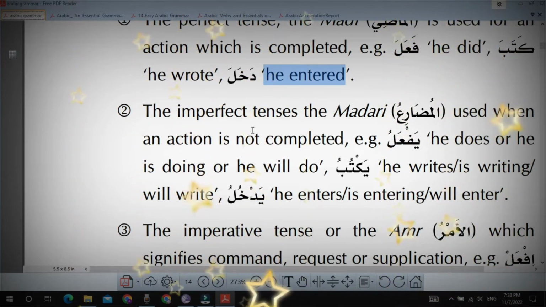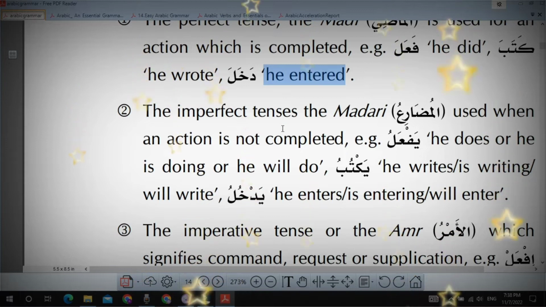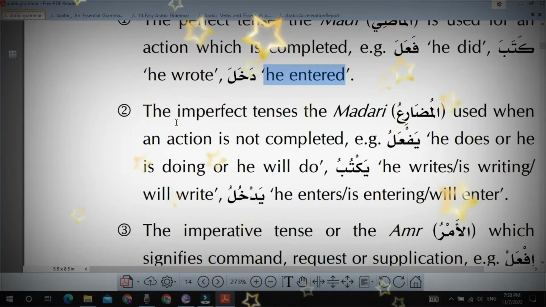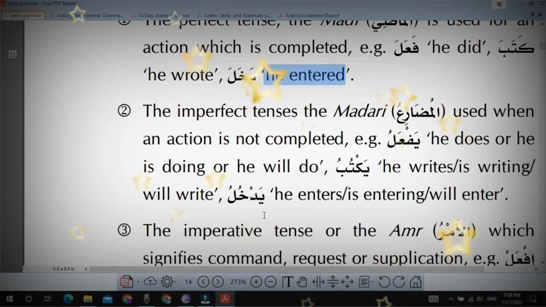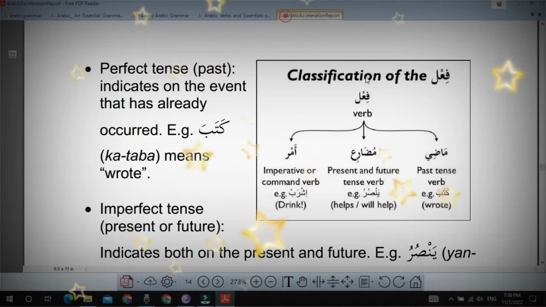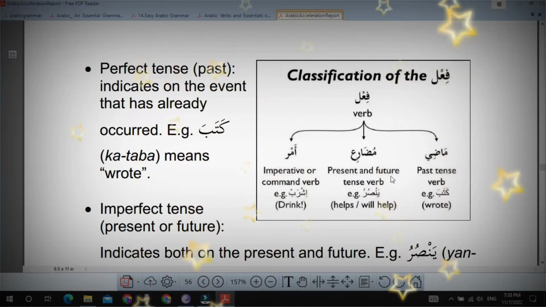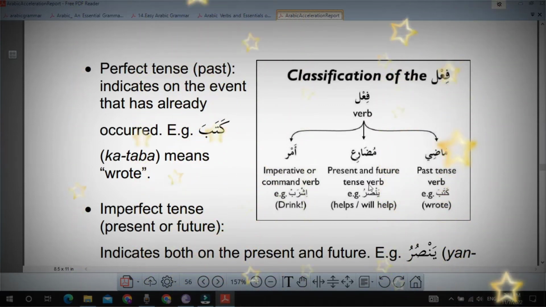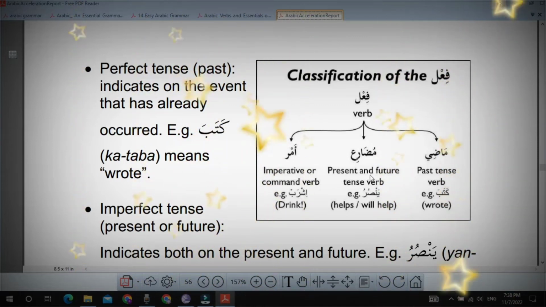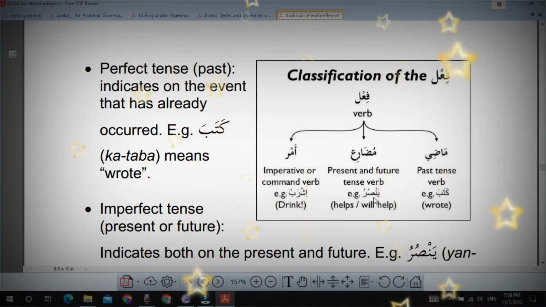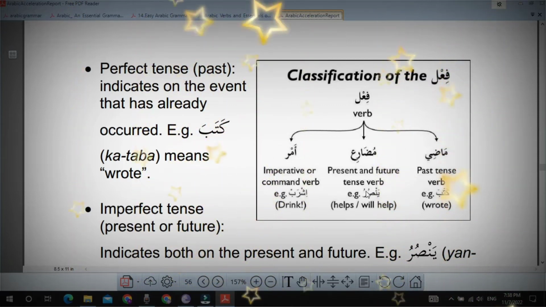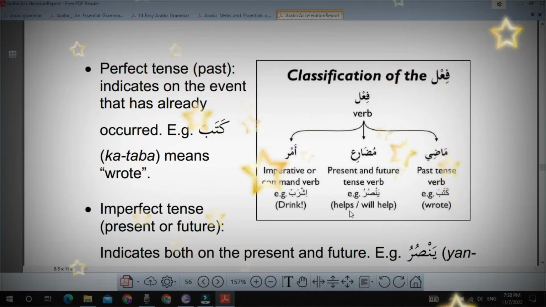The imperfect tense is used when an action is not completed. You can see here mudari', present and future tense verb. For example, yansuru. The meaning of yansuru is helps or will help.